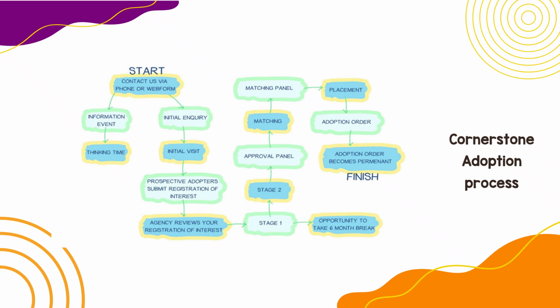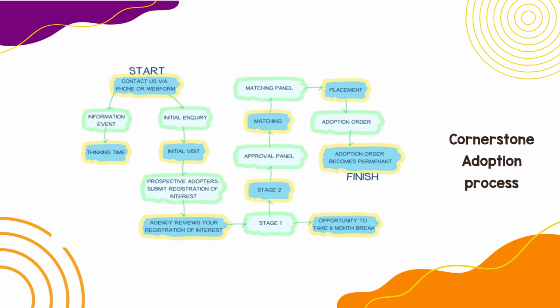The prospective adopters will then go through the matching panel of the local authority or regional adoption agency, and then a child or children will be placed with the adopters, and then after 90 days there's an adoption order, and then the adoption order becomes permanent.